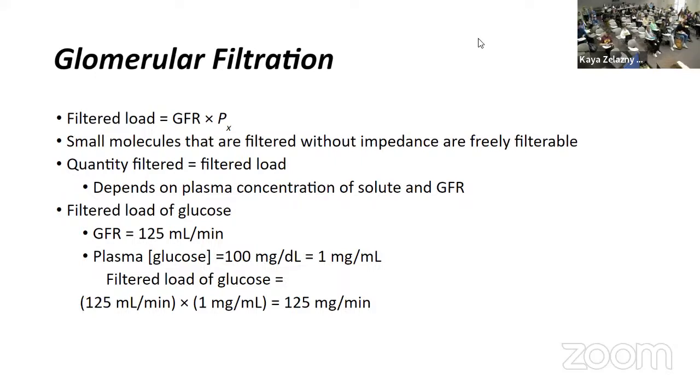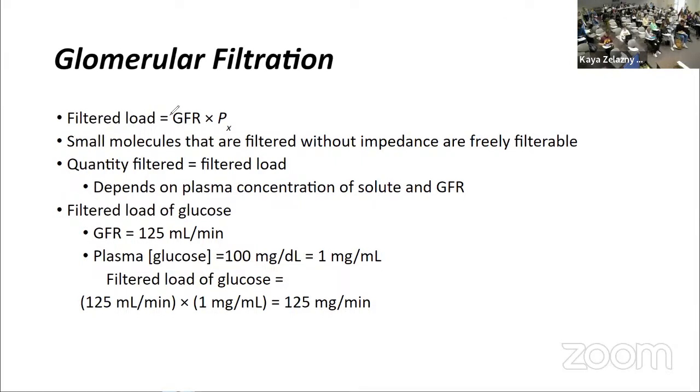So for our filtered load, we are going to be calculating our filtration rate, GFR, which is 125 milliliters per minute, and then multiplying that by the concentration of whatever molecule we're tracking in the plasma. The quantity filtered of that molecule is our filtered load essentially.